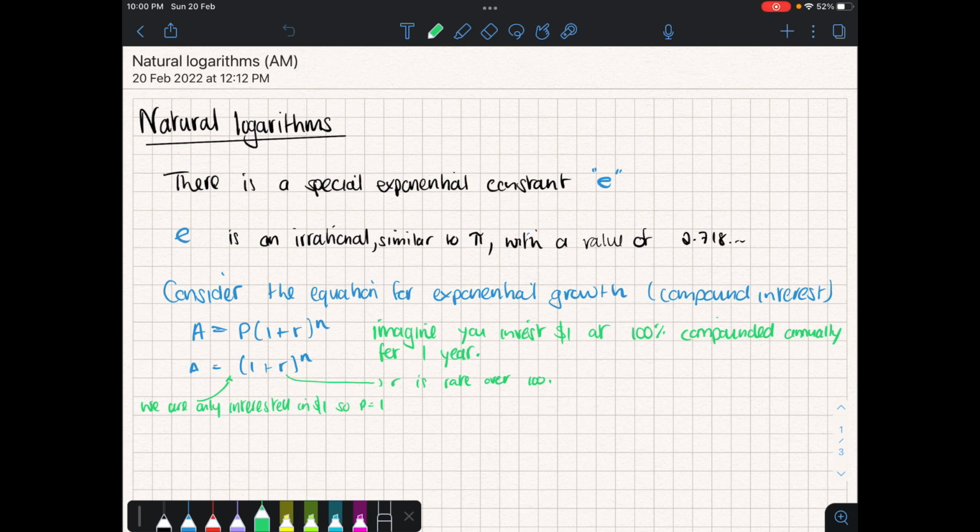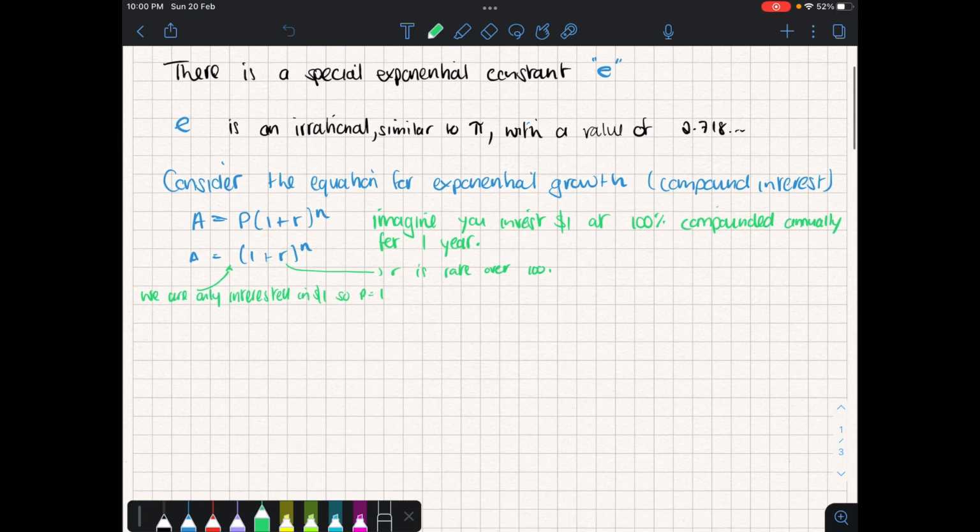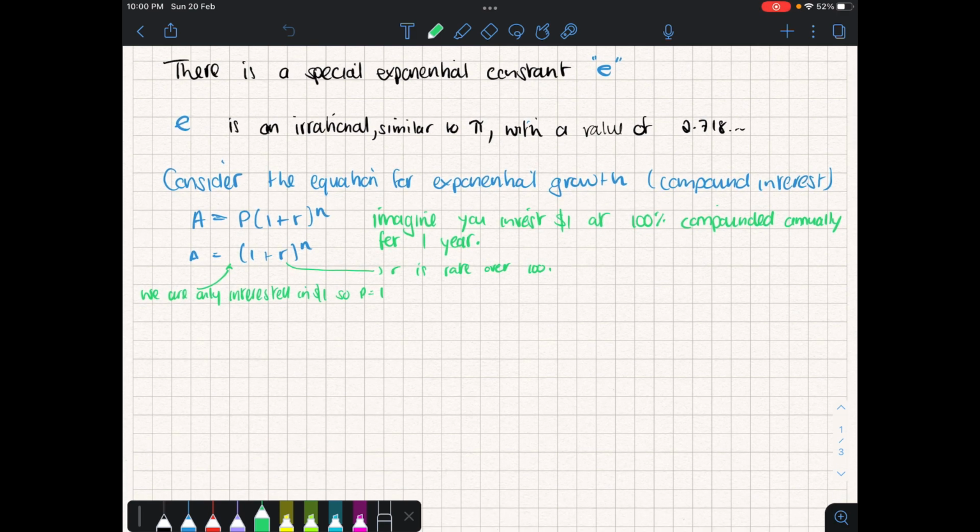So if we take the compound interest formula that we already know, where we take a starting amount and we apply some kind of compound interest, what we're going to do is imagine we're investing $1 at 100% interest for 1 year, and we want to consider what we would get out the other side.